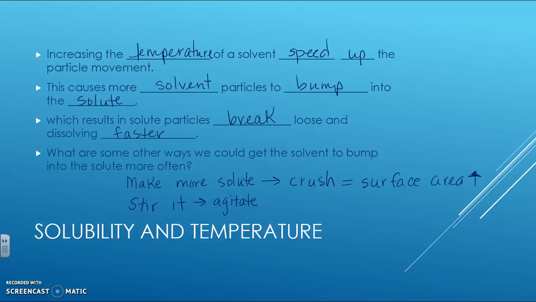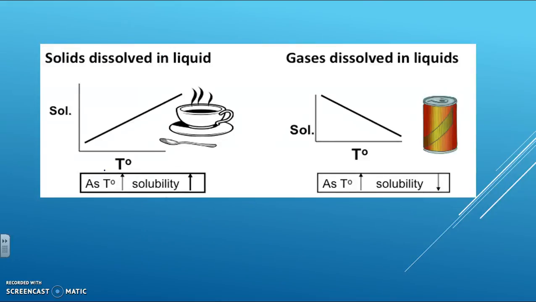All right, well, what happens when we dissolve things in liquids? Well, as we dissolve something solid in a liquid, as the temperature goes up, the solubility of that substance will go up. Okay, think about this when you make your iced tea. When you make iced tea, can you put a lot of sugar in it when it's cold?